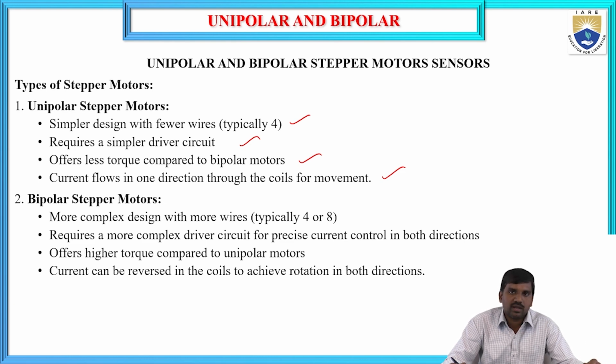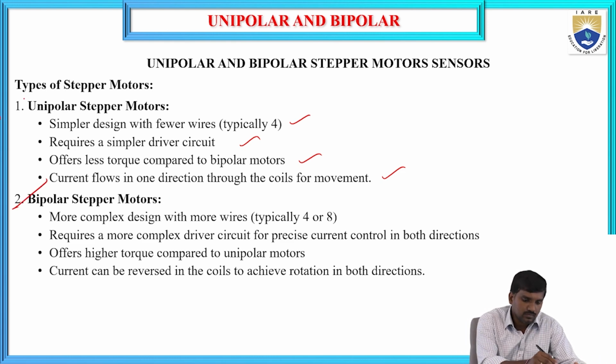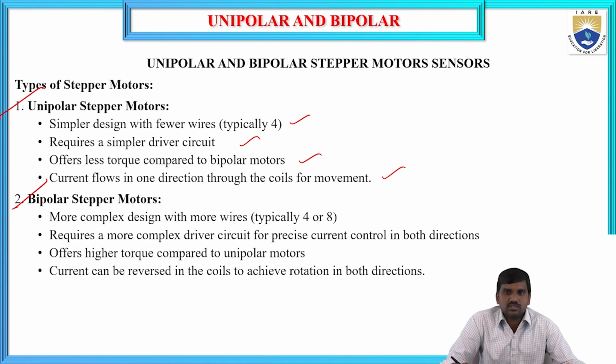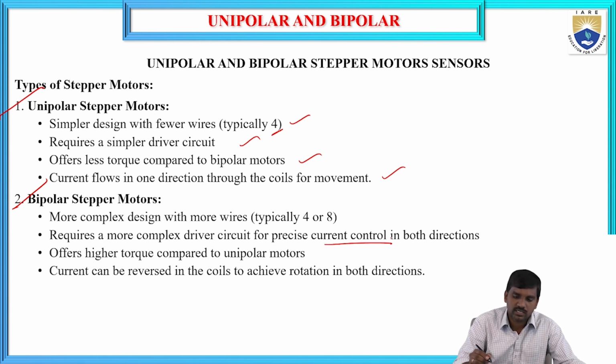When we go to the bipolar stepper motor, it has a more complex design with more wires, typically 4 to 8 wires. It requires a more complex driver circuit for precise current control in both directions.